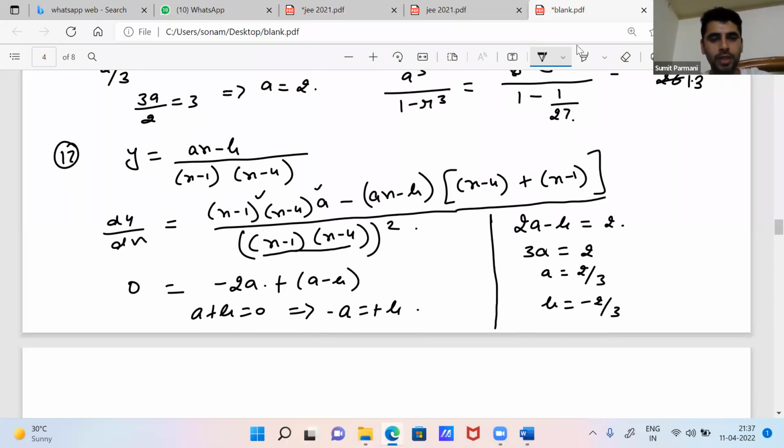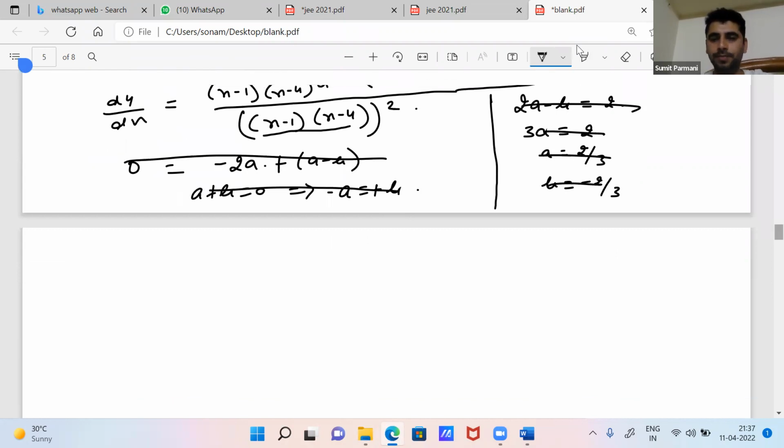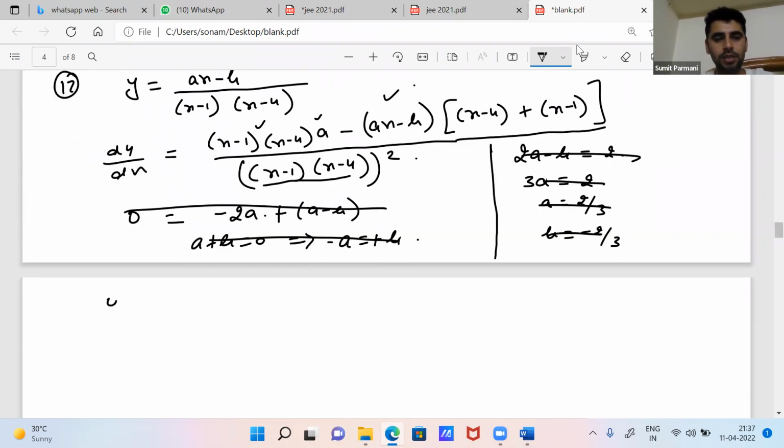So this is 2, 1. This is correct. This is minus 2. Minus 2a. This is fine. Okay. Here we made a mistake in the calculation part. This is 0 equals 1 minus 2 minus 2a.